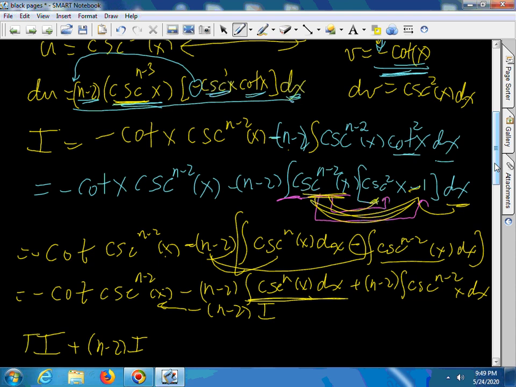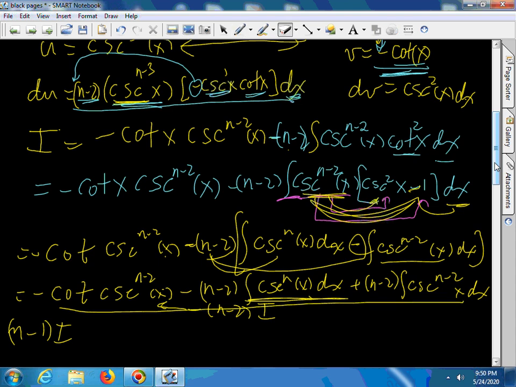There's an understood 1 in front of the I. Well, if you have 1 and you add n minus 2, you're going to have n minus 1. In this case, n minus 1 I's. So when I bring it over, I'll have n minus 1 I's. And I promise to do that. So I have n minus 1 times I times all of this and all of that, with one exception.